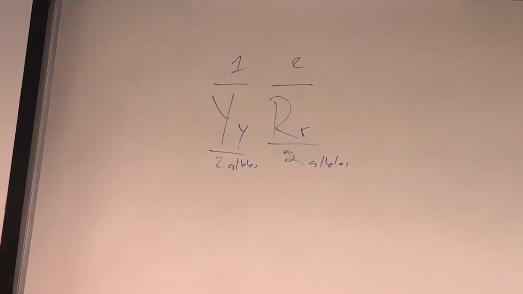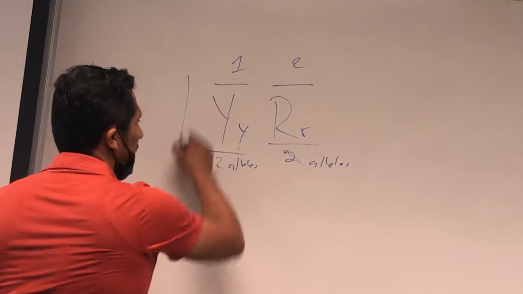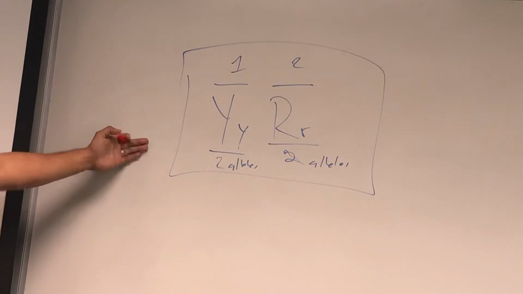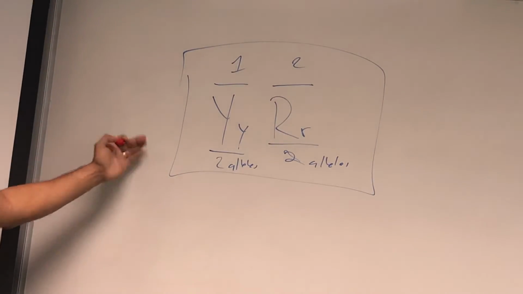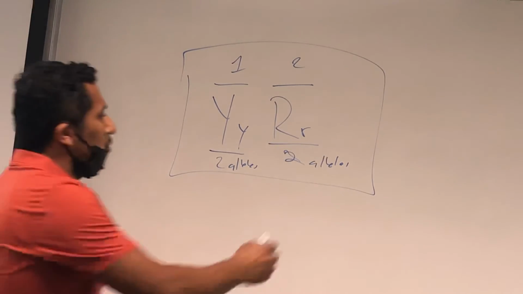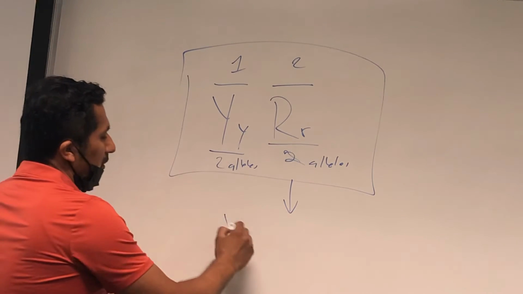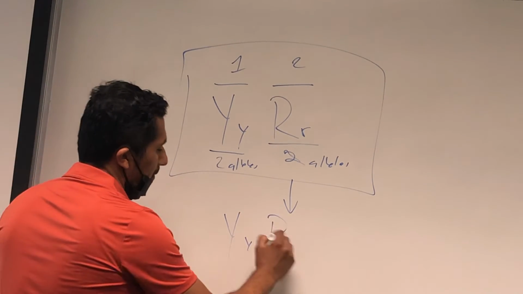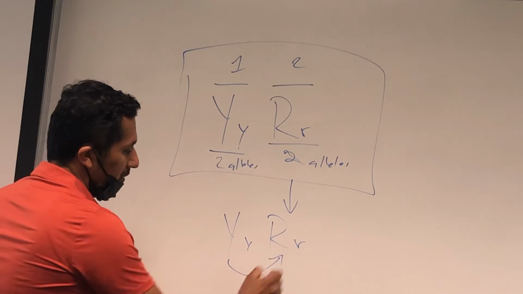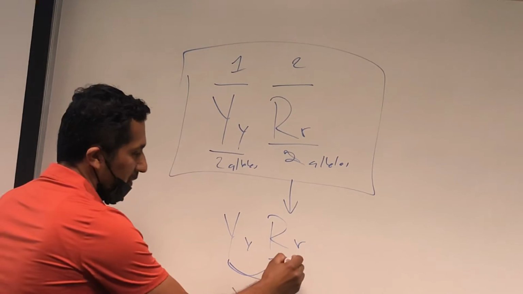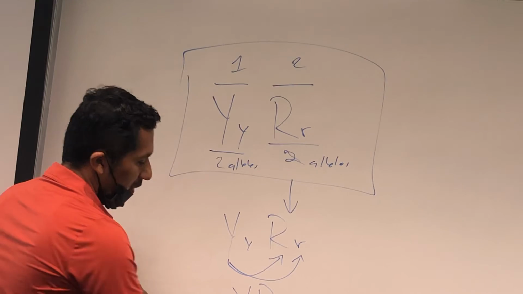Make sure you're able to know how to determine the gamete production. Okay, so here you have these. Let's say this is your F1 generation, right? To produce the F2 generation, you have the gamete production, and these can give these and these, so that would be big Y, big R, and big Y, little r.